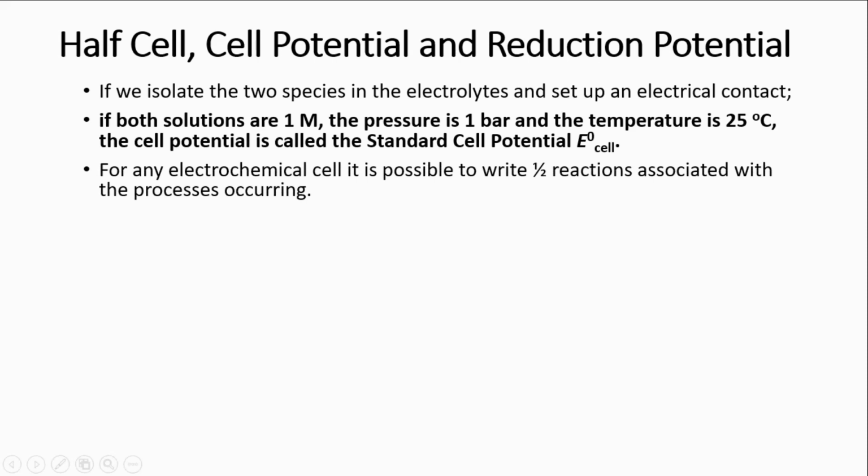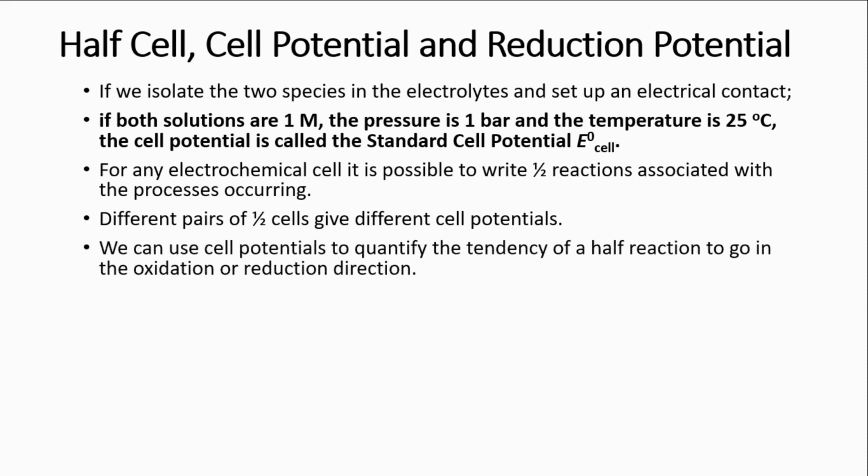Now, for any electrochemical cell, it is possible to write what we call half reactions, which are associated with the processes occurring. And you saw those that I wrote for the copper half cell and also the zinc half cell. Now, of course, different pairs of half cells give different overall cell potential values.